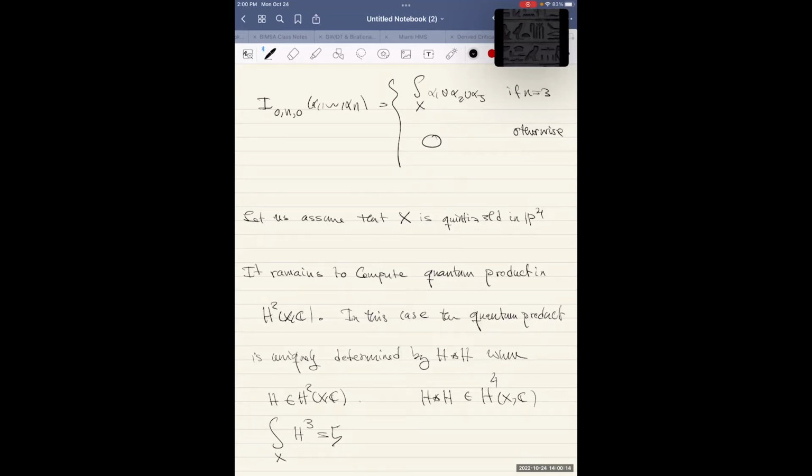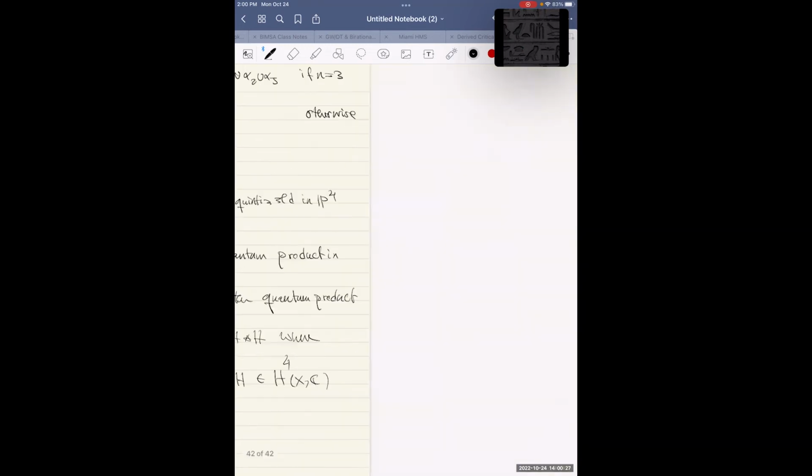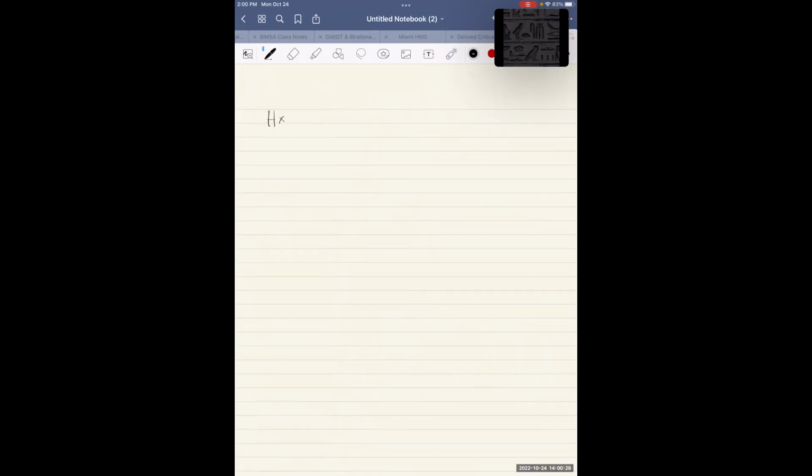Because X has degree 5 in P^4, if you pull that back and intersect it with itself 3 times, you'd recover the degree of X. Right? So, okay, now I can calculate. If I have H star H, basically, this is going to be equal to 1 over 5, the sum over d from 0 to infinity of I_{0,3,d}(H, H, H).